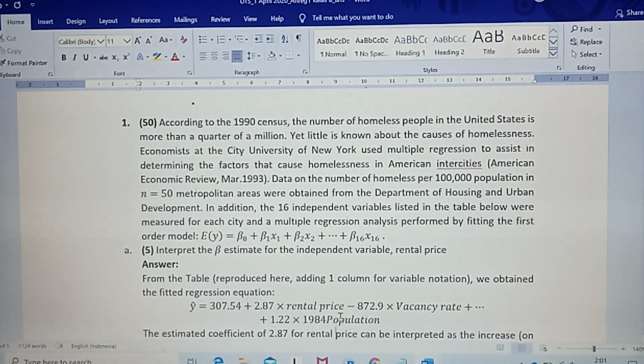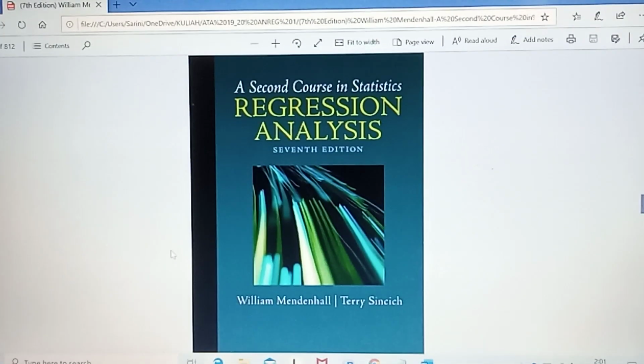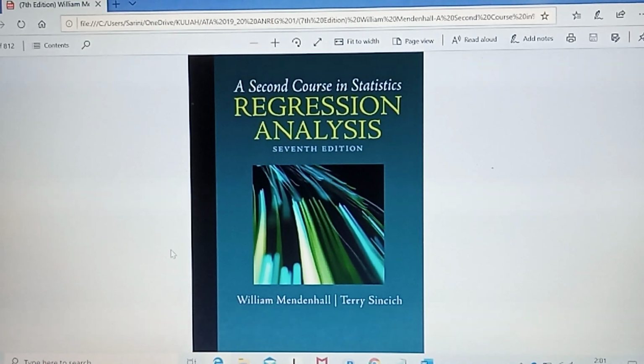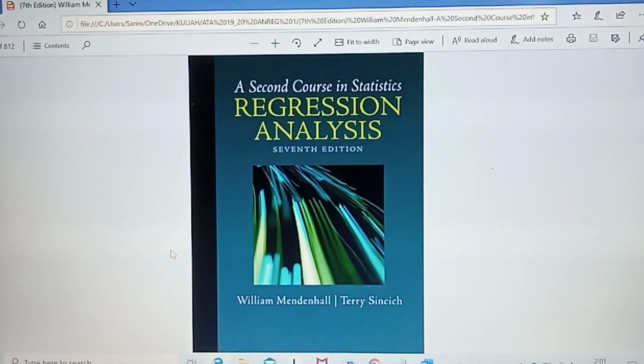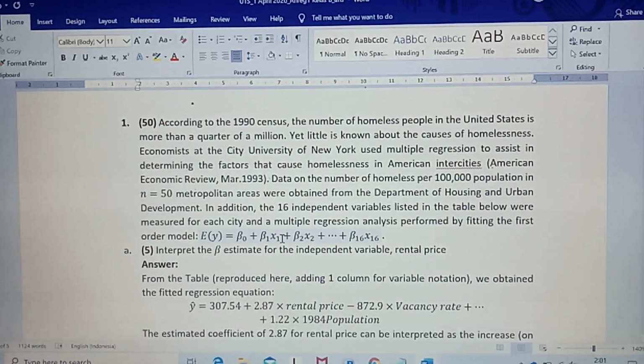Actually, this question is taken from this book, from the previous, I think the 5th edition of this book. Unfortunately, I don't have the ebook for the 5th edition, so we'll just have a look at the questions directly.